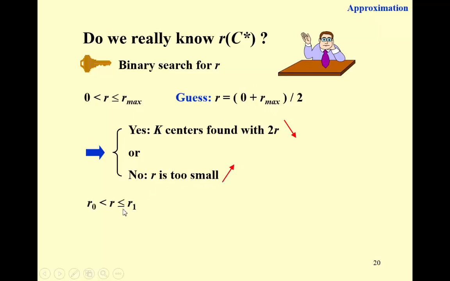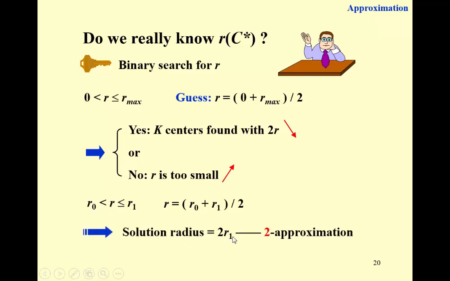So here r is always in some interval, and we take r as the central point in that interval, and then plug this r into the greedy method. And so this interval is getting smaller and smaller, and eventually it's going to converge to a certain value. So this approximation is going to end at some radius r sub 1, and the solution radius is actually 2 times r sub 1. So this is a 2 approximation.